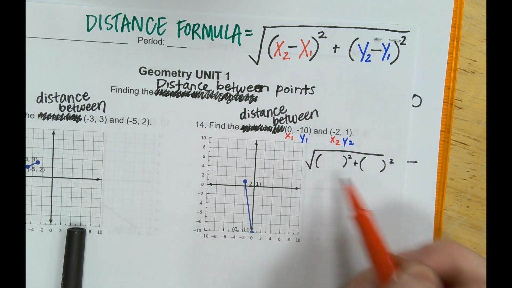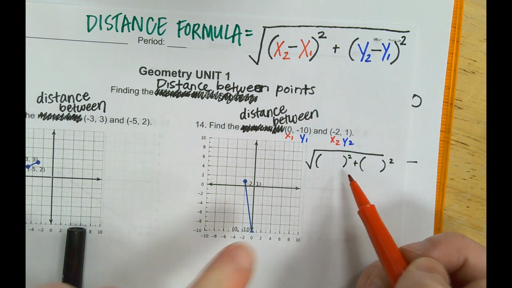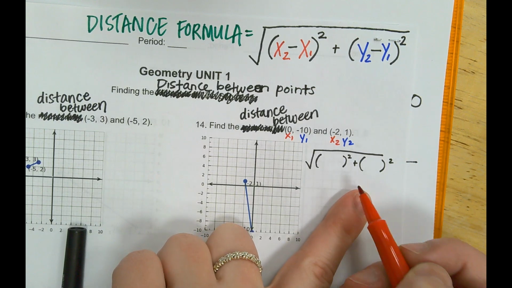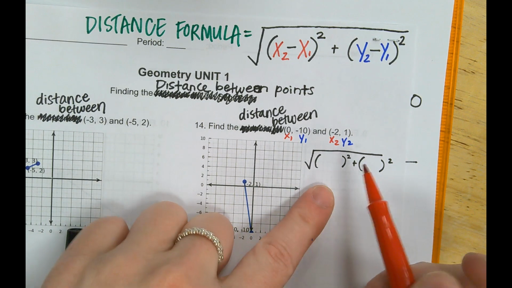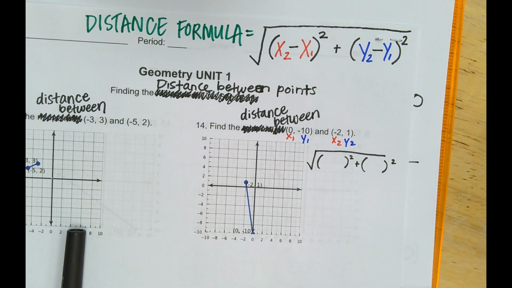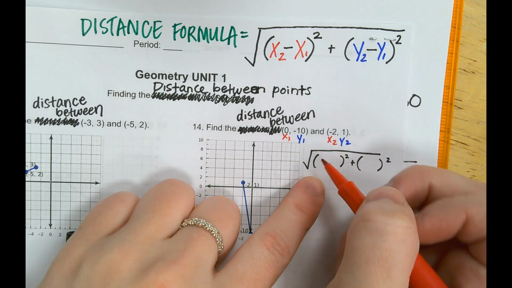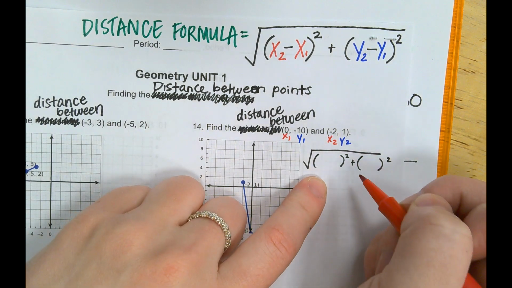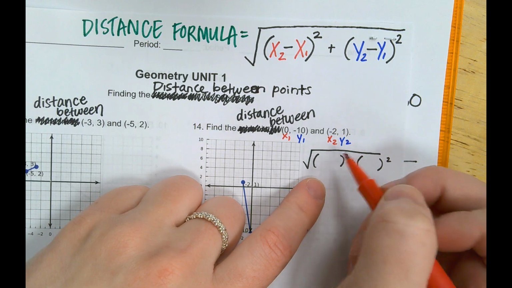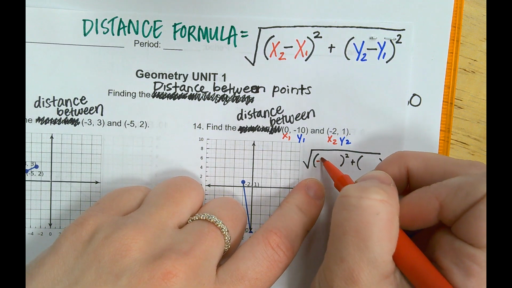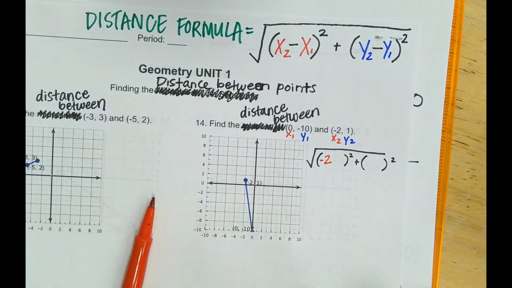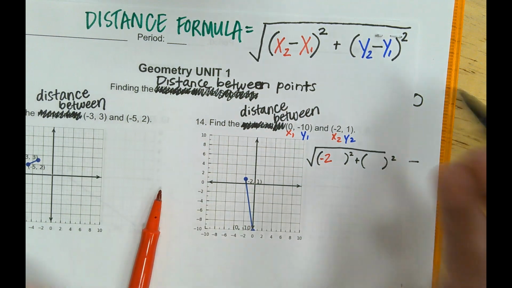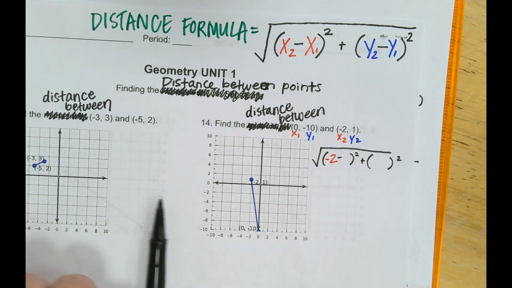You could do x1 minus x2 as long as you also do y1 minus y2. It doesn't necessarily matter which one you put first as long as you do it the same way for both parentheses. So do you want to do it with x1 first this time? No. Okay, we'll do it the normal way. We'll do -2 minus 0, which is just going to be -2.